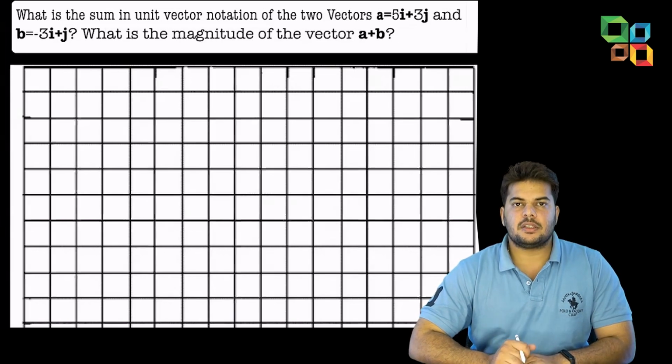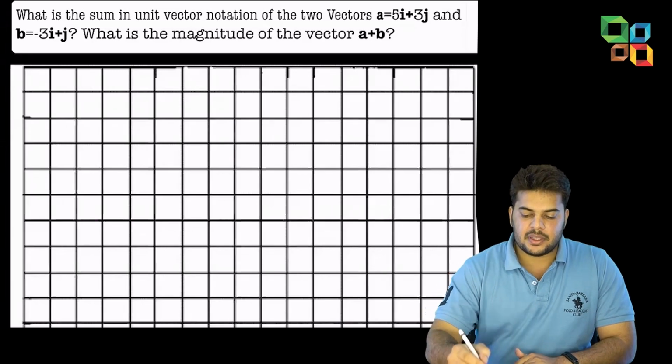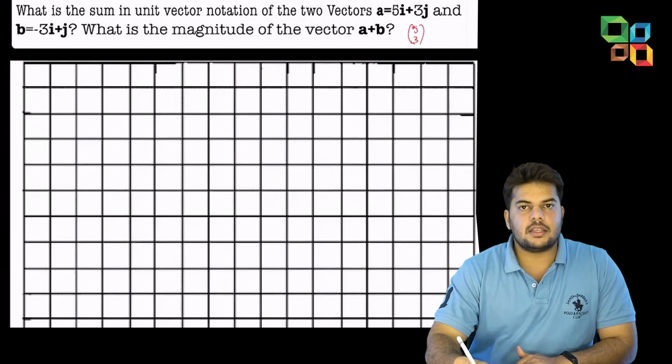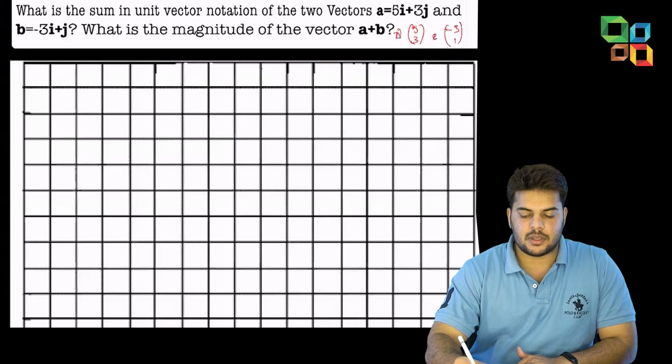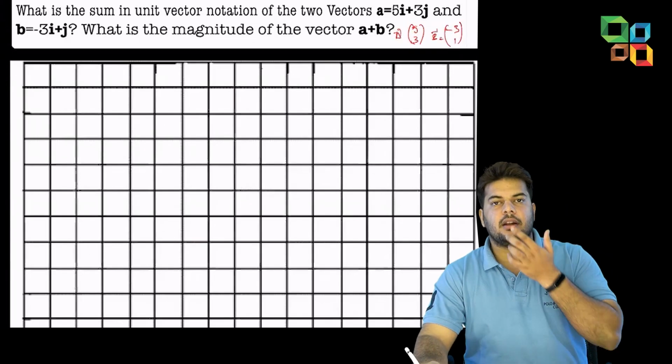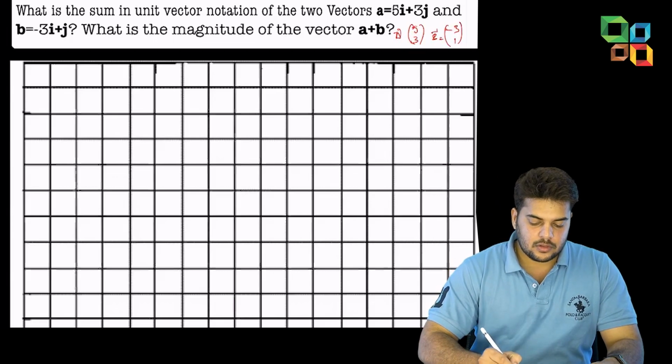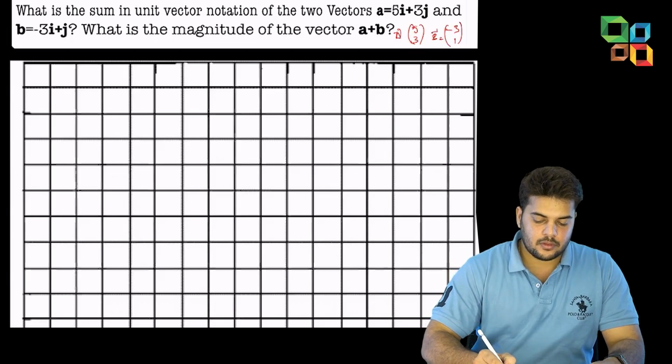So 5i plus 3j, what does that look like? A representation of that would be simply 5, 3. A is nothing but 5, 3, and B is nothing but negative 3, 1. So this is A and this is B. You can put them like that. So 5, 3. 1, 2, 3, 4, 5, and 3.